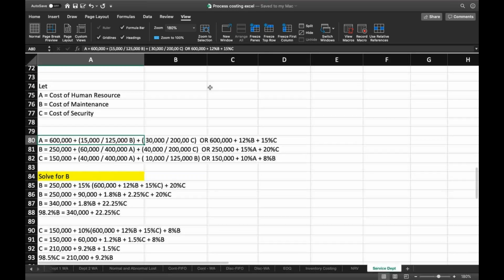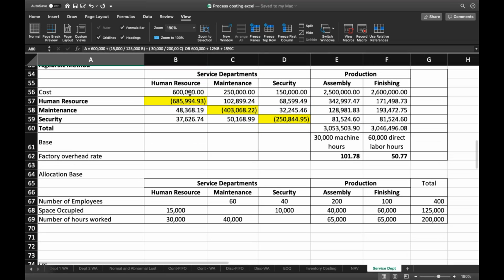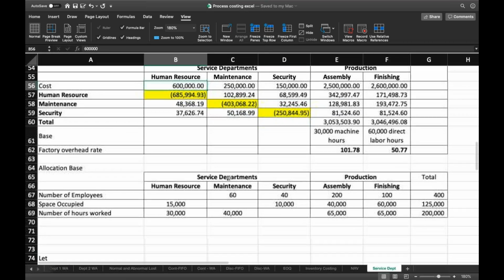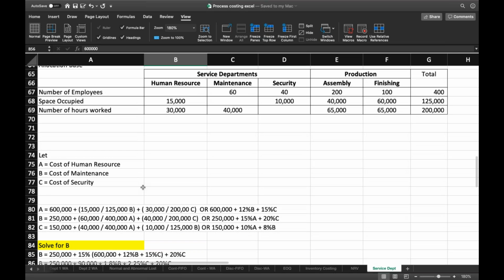600,000 is the original cost assigned to human resource. This one. Now the 15,000 over 125,000 is the basis for allocating the cost of the maintenance department.